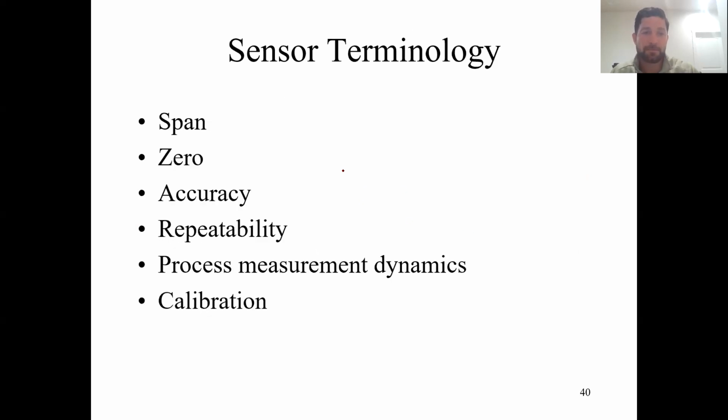Some important terminology: span. And some of these are a little bit obvious. Span is just the range of the sensor. So if a sensor, maybe a thermometer, for example, has a minimum value of negative 20 degrees C, and the range is 100 degrees C, now we know about the performance of the sensor.